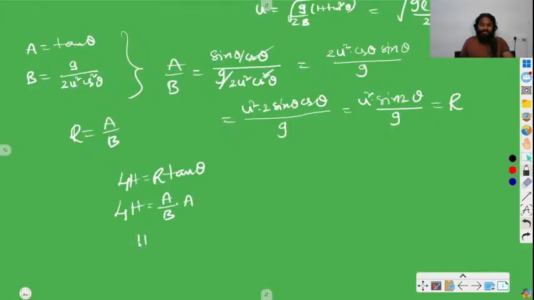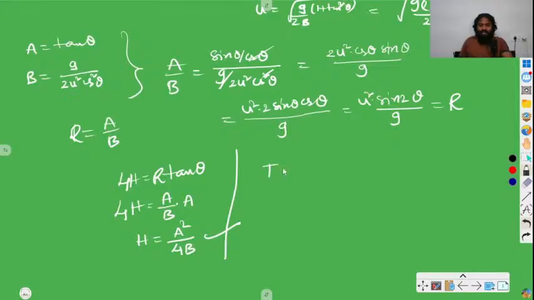So from this, h is equal to a square by 4b. This is the equation to find the maximum height. If they give an equation like y is equal to ax minus bx square, from that equation you can find the height like this.